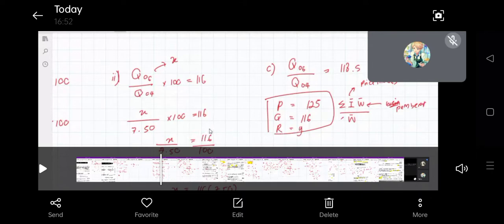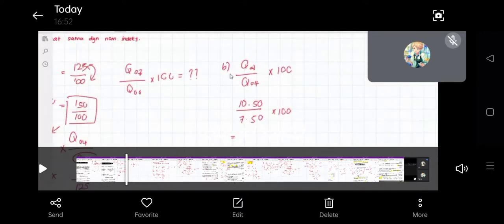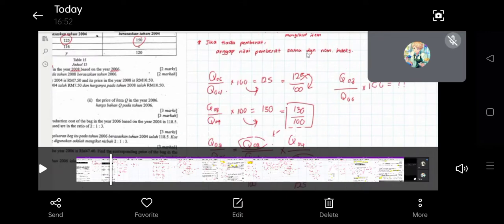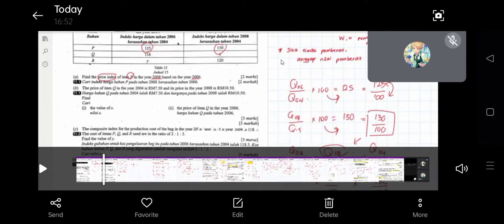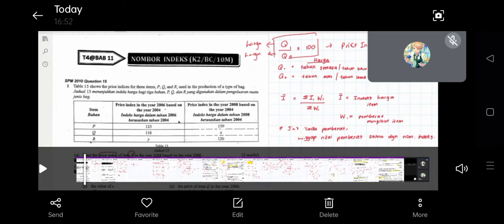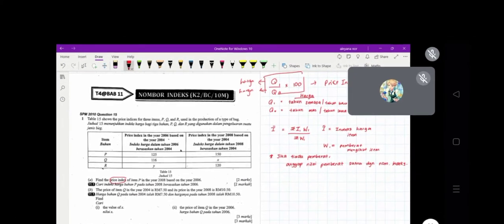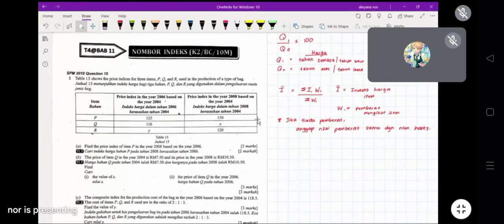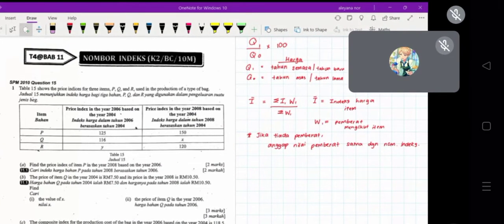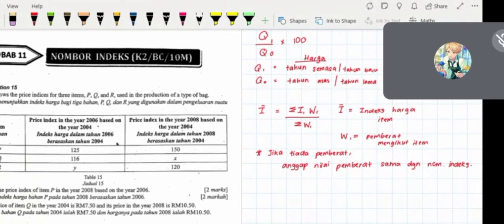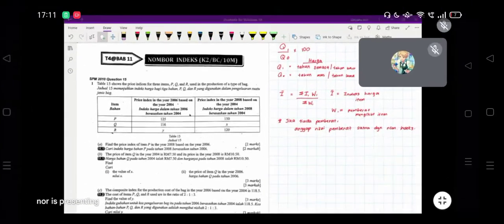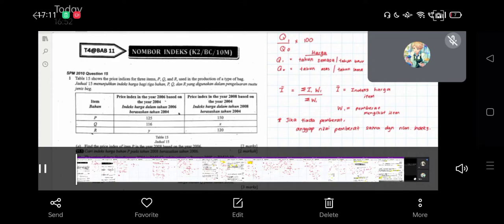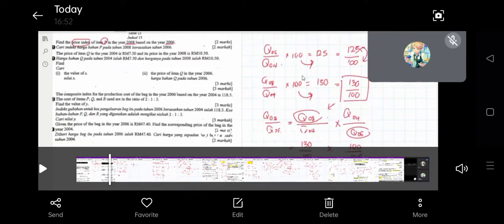Okay, here. You see this formula, right? You see the I1 and the W divided by W1. That's what I'm talking about. So we have to use that formula for 1C.